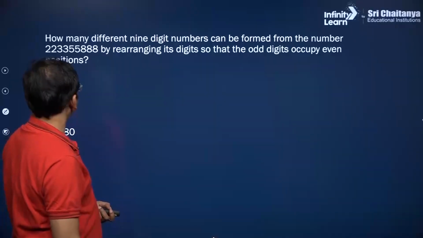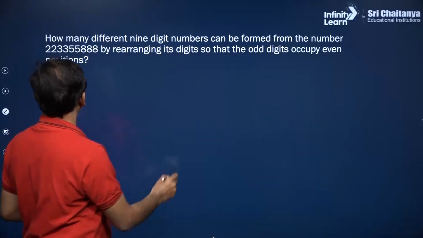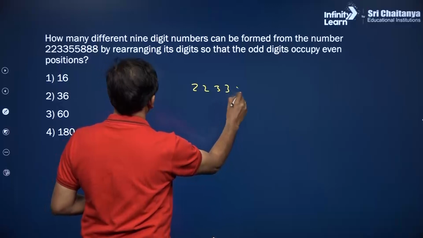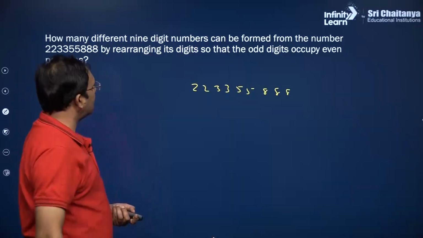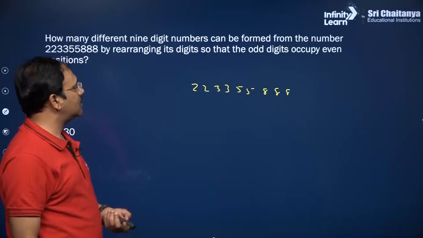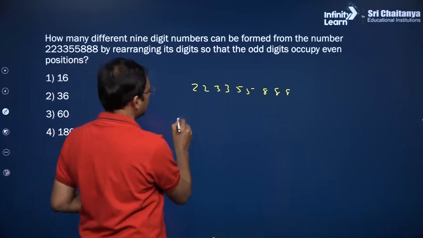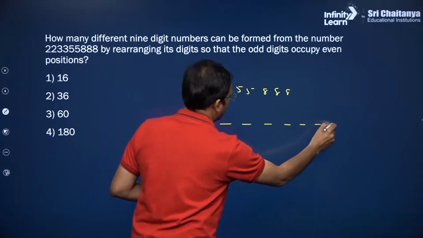Next, my dear friends, how many different 9 digit numbers can be formed from the numbers 2, 2, 3, 3, 5, 5, 8, 8, 8, by arranging its digits so that odd digits occupy even positions. There are 9 positions, 1, 2, 3, 4, 5, 6, 7, 8, 9.